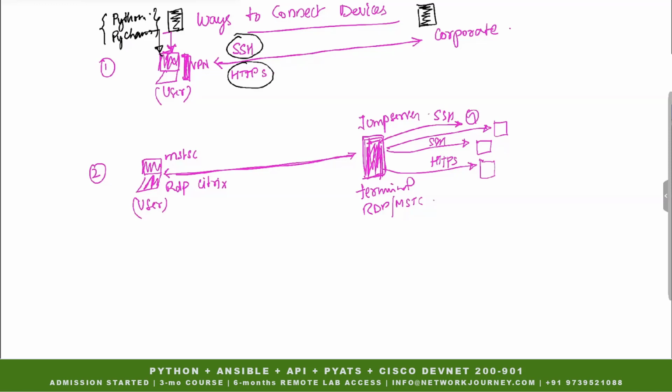But the problem with the second is that sometimes these jump servers are read only. Sometimes they have read and write capability. If they are read and write, there is no challenge. Again, you can install things directly on it.